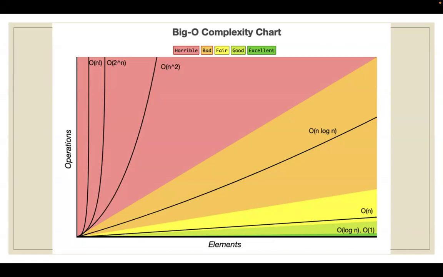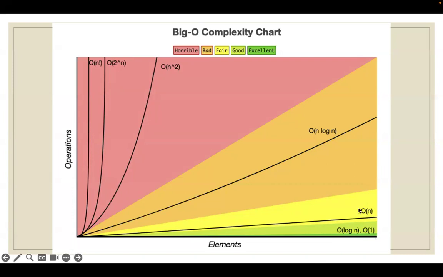But this is a chart where we can classify pretty much every algorithm and say, here's what the complexity is. And then from that, we can say how good it is. The fastest ones tend to be log n and constant time. Those are down here in the green, which take almost no time at all.